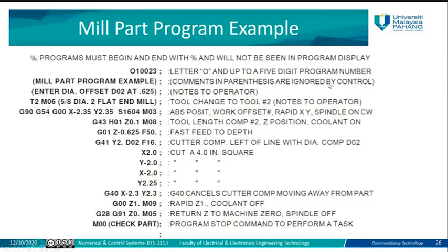This comment explains to the operator what this coding is for. Then we have another bracket: enter diameter offset for D02 at 0.625. This also notes for the operator to enter the diameter for the offset.